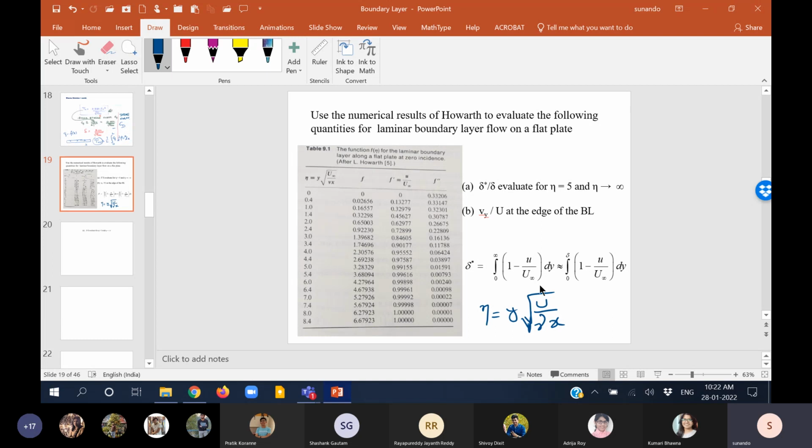So in the definition of delta star, in order to evaluate delta star by delta, whatever you have on the right hand side, u by u infinity and dy will have to be changed into parameters, the values of which are provided in the table that's to the left.